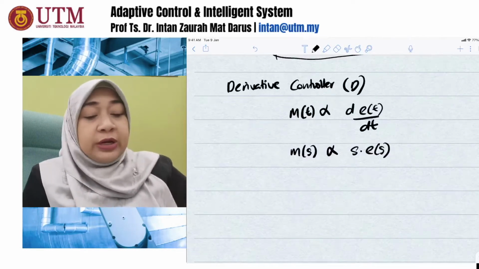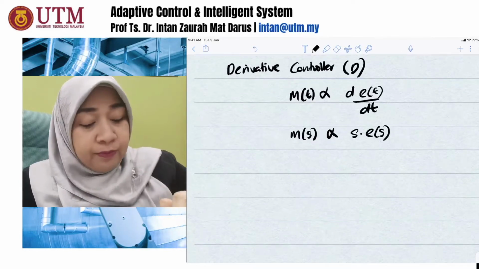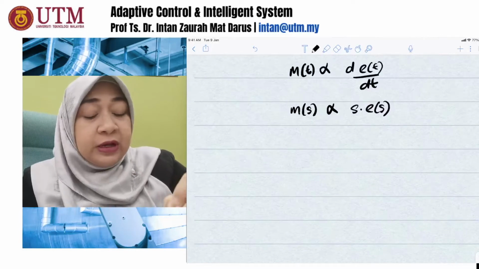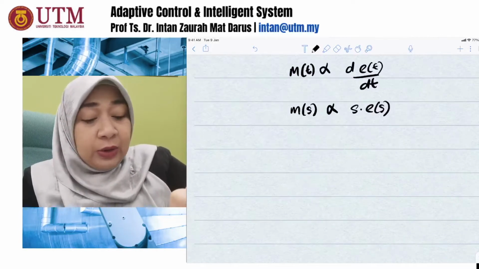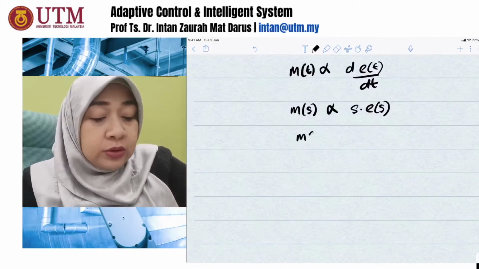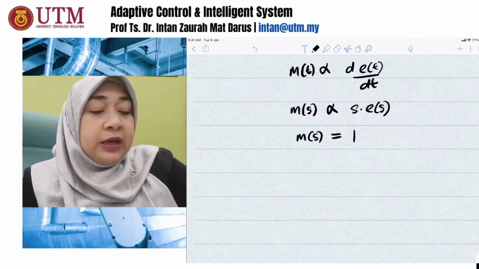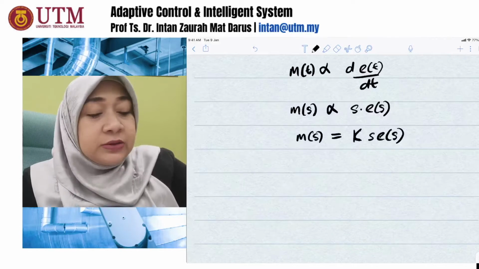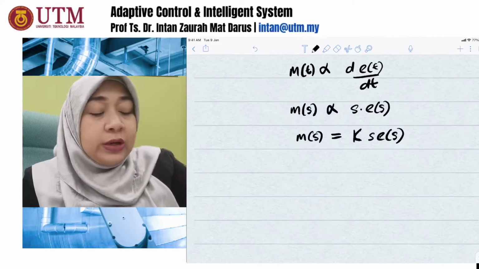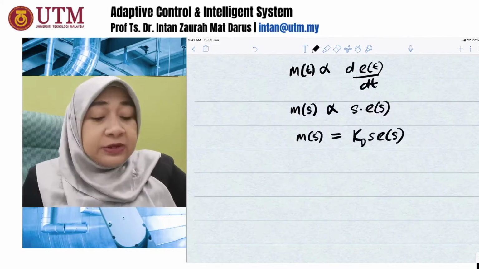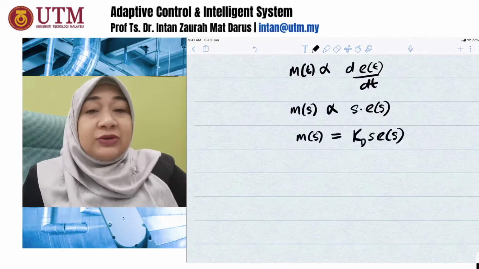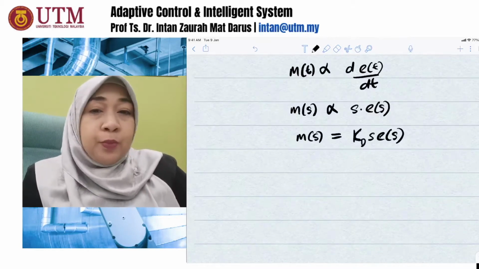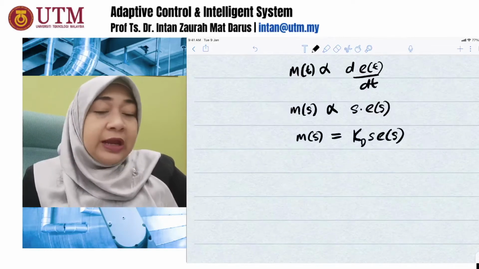So to remove the proportionality, I will have M(s) equals some constant multiplied by s E(s). What is that constant? It's a gain, and I'm just going to have a subscript d so that we can differentiate between the proportional controller, integral controller, and derivative controller.